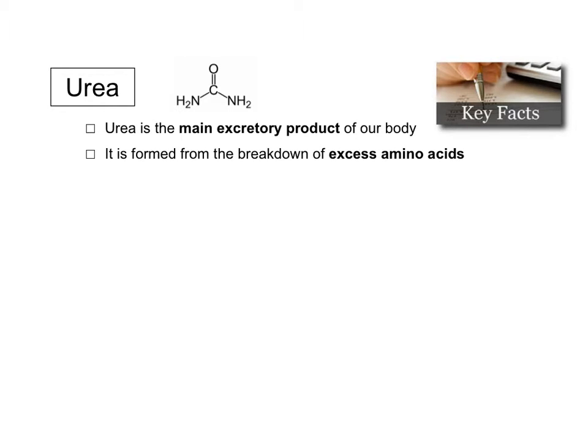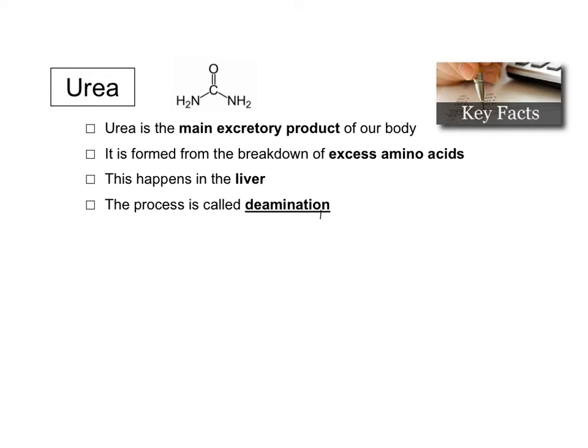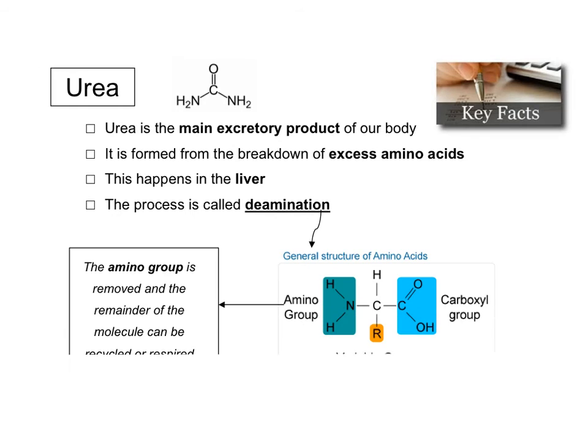Now, this is a key answer. It's formed from where you have excess amino acids. You cannot store them, so they're broken down. That happens in the liver, and it's a process of deamination, and that is where we take the amino group from an amino acid and join two of them together with a bit of CO2, a bit of carbon dioxide is used in it, we get this molecule called urea.